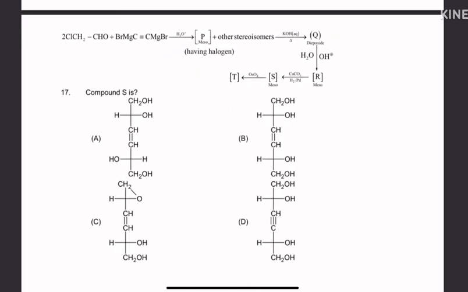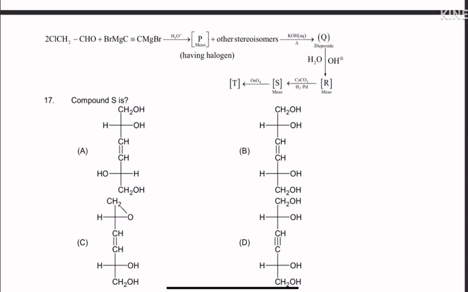Yes, this is also a very good question for JEE Advanced. If I do these reactions, there is Cl CH2 CHO, and I can see this is the Grignard reagent, the acetylene minus. So this minus will directly react and the upper Cl will be out.